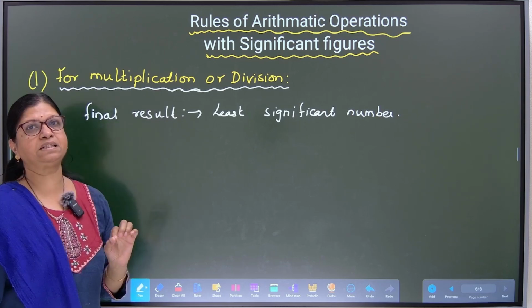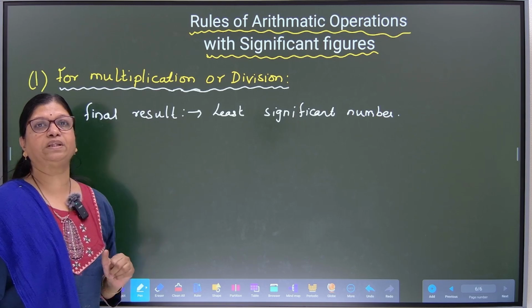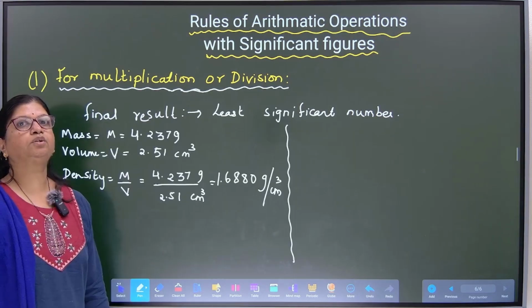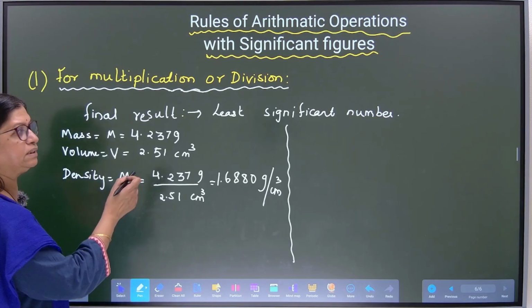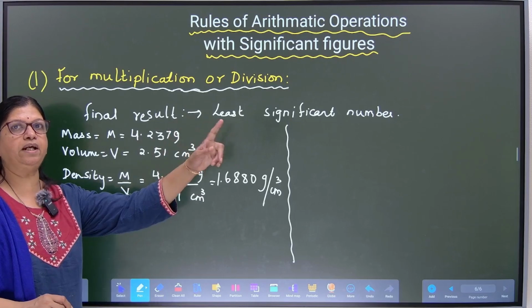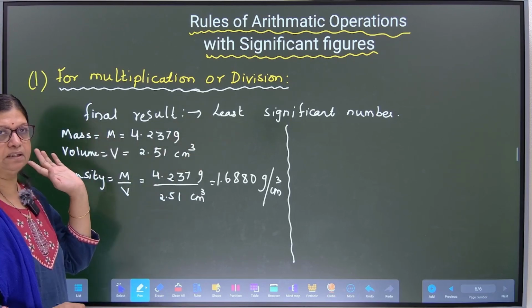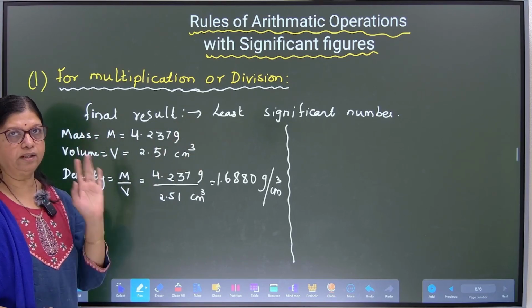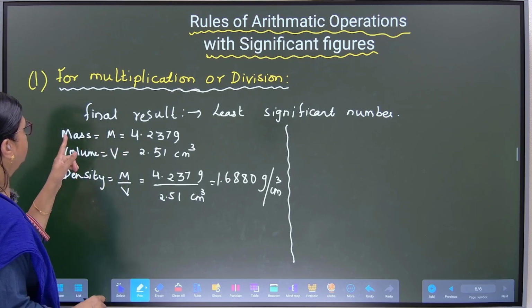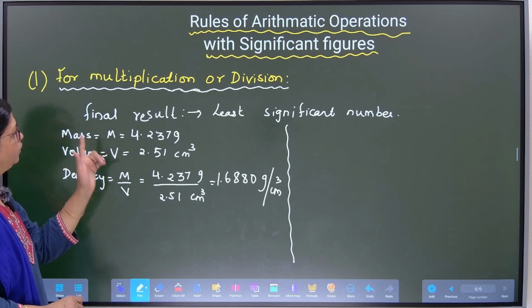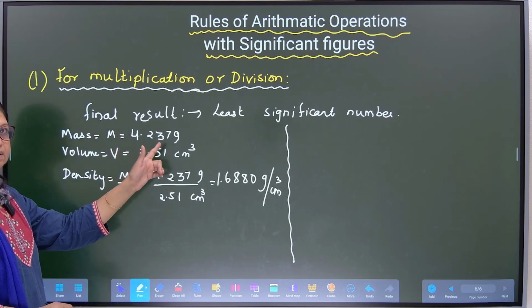So let us understand this rule with an example. Fine. So let us use an example to understand this rule for multiplication and division. First let us consider the rule for division, where I have considered the physical quantity mass which has the value 4.237 grams.